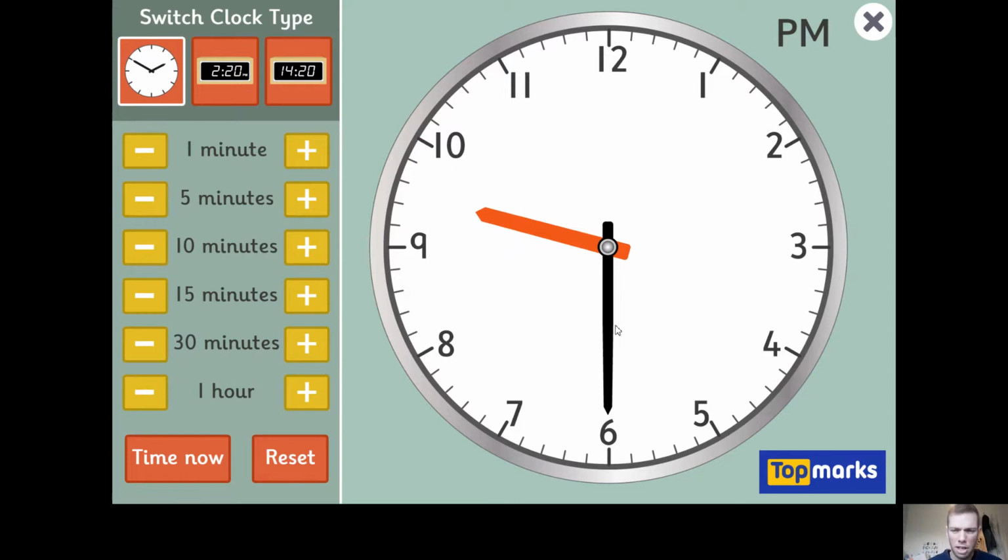But what do we say about this half past? Well, the words you need are half past 9. It is half past because it has travelled halfway round the circle, round our clock, and it is past 9. It's not 10 o'clock yet, it is half past 9.